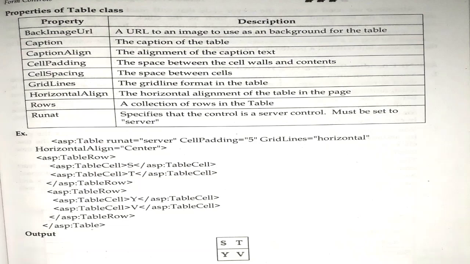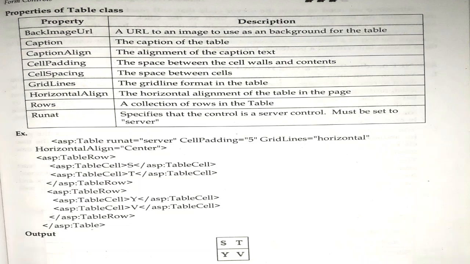Then CellPadding and CellSpacing. CellPadding means if you want to provide distance within a particular cell, say ABC, then above, below, and right and left, if you want to provide some extra space, in that case you can make use of the CellPadding property.